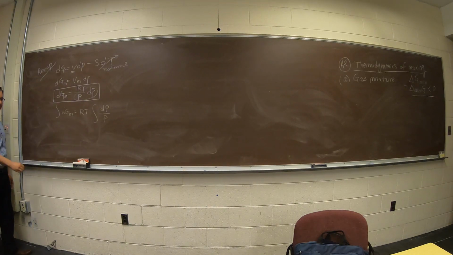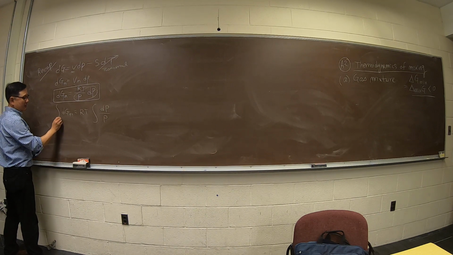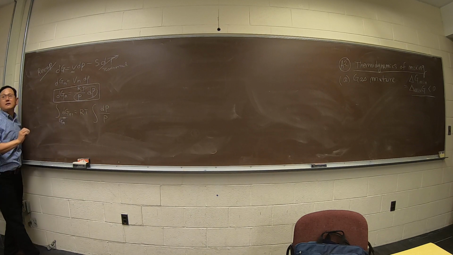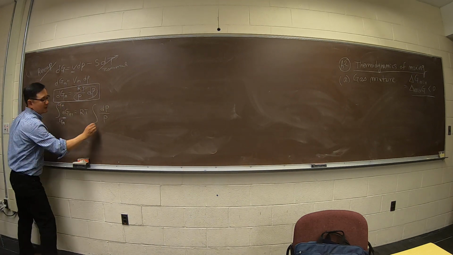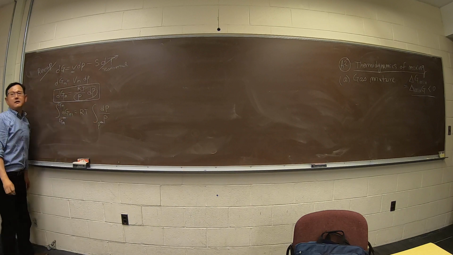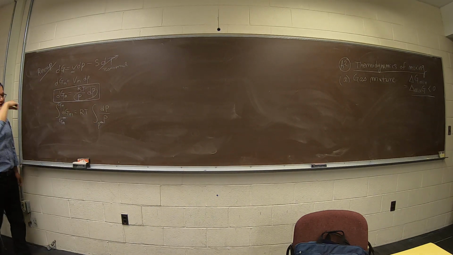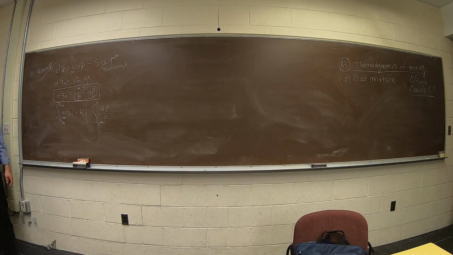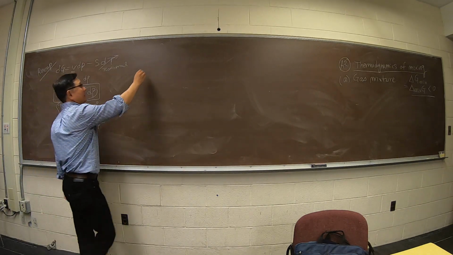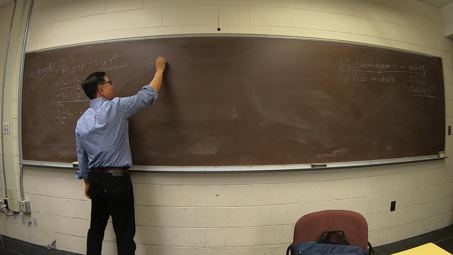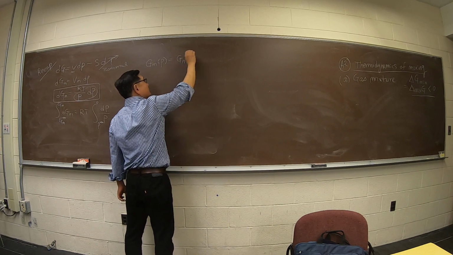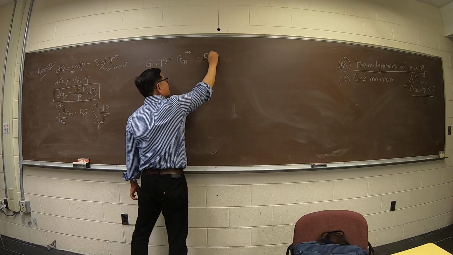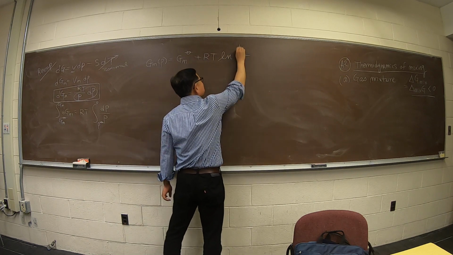My starting point is the Gibbs free energy at the standard state, and the Gibbs free energy at any pressure. My starting pressure is the pressure P standard, 1 bar, the reference pressure, and this is the final pressure. So I'm getting this equation: Gm at pressure P is Gm at the standard state plus RT natural log of P over P standard.